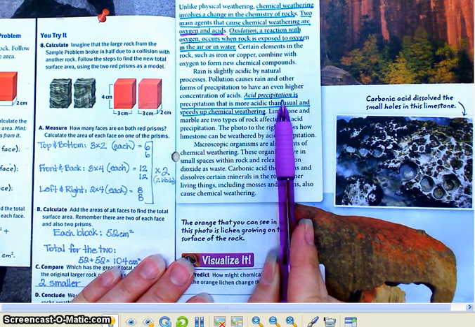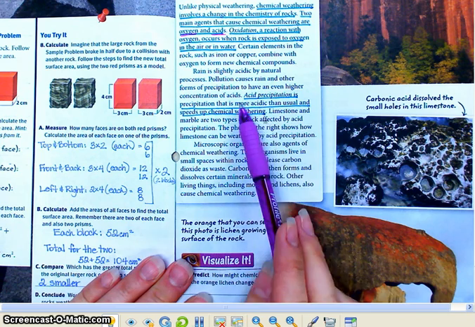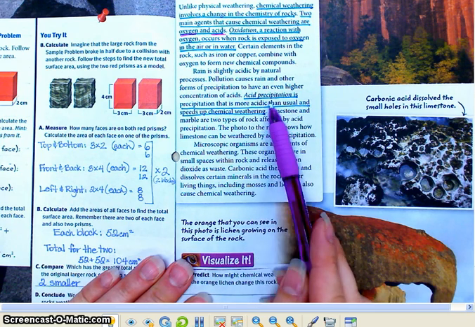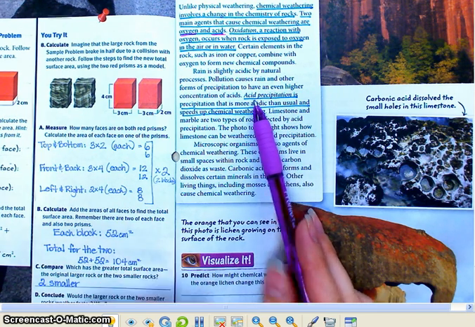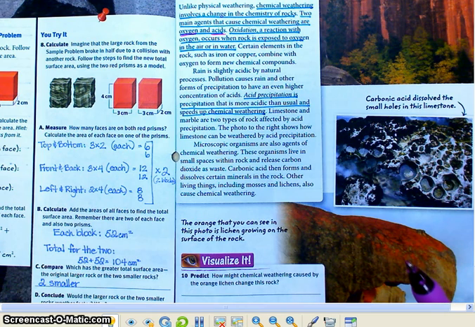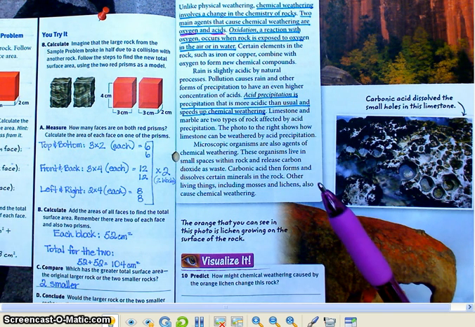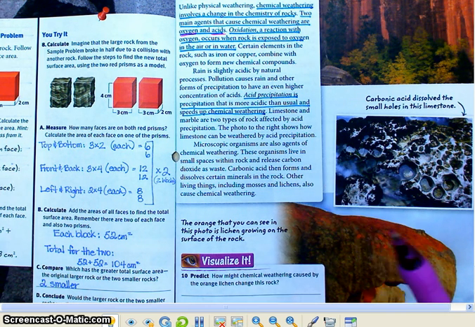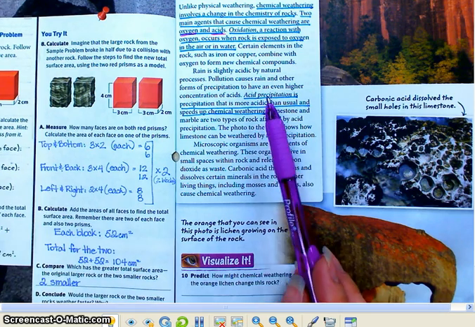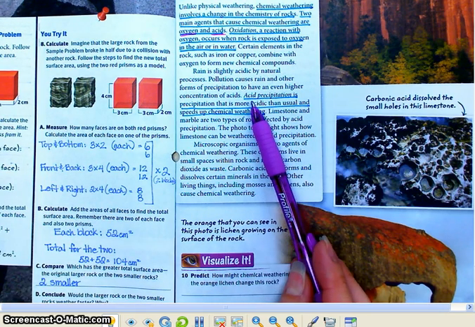Acid can be a chemical weathering agent, particularly if we have acid precipitation, acid rain. Because of certain industrial processes and things like that, there are sometimes pollutants that are put into the air that combine with water vapor in the air and other things and form compounds that are acidic.